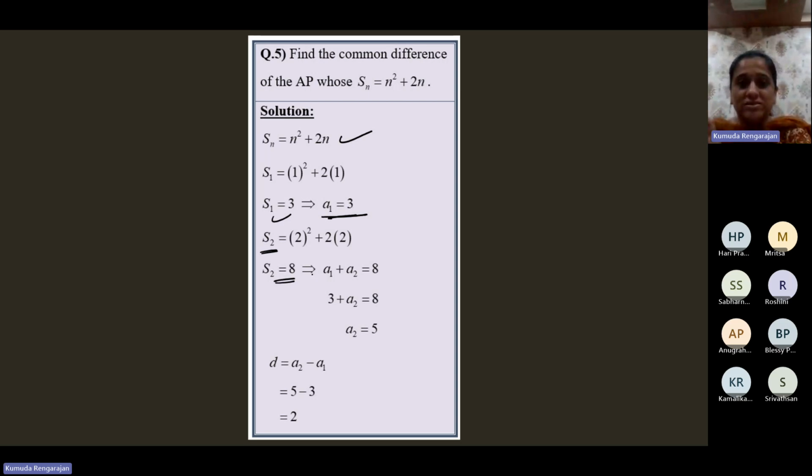S2 means the sum of the first two terms of the AP. That means A1 plus A2 is 8. So A1 is 3, so 3 plus A2 is 8. A2 is 5. Now you know the first term is 3 and the second term is 5. So common difference is A2 minus A1, 5 minus 3, 2.